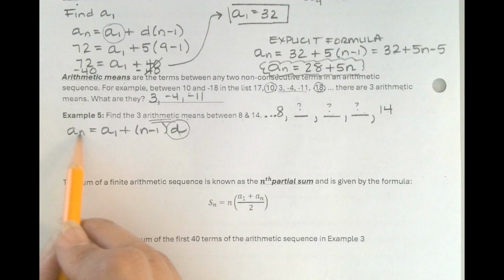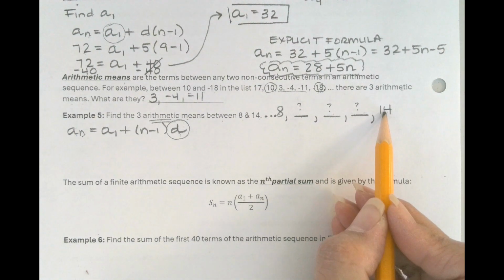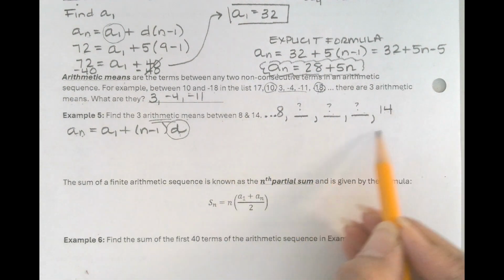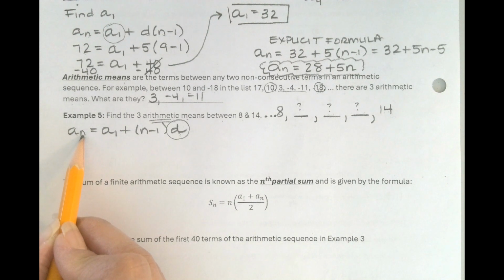So A sub n stands for number of terms. We have 1, 2, 3, 4, 5 total number of terms. So what is A sub 5? A sub 5 is the 5th term. So I need to go to the 5th term, 1, 2, 3, 4, 5. It is 14, so A sub 5, I'm going to put 14. A sub 1 is the first term. My first term is an 8.